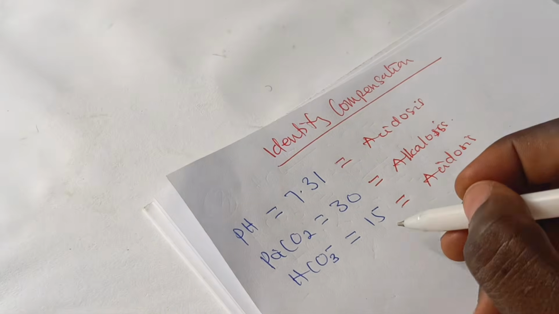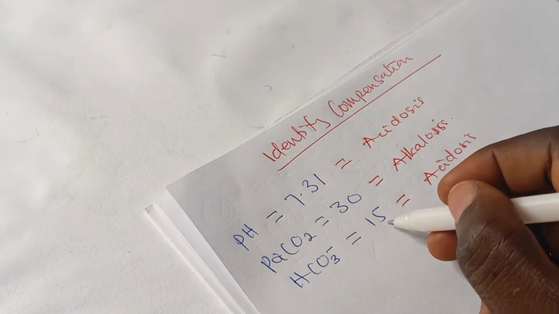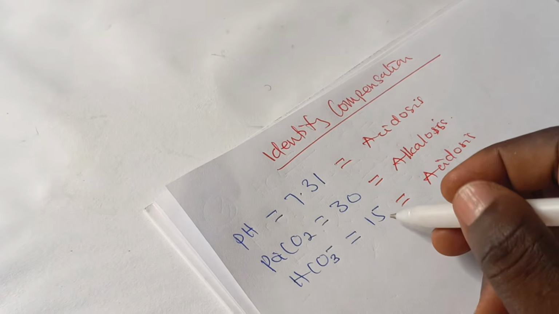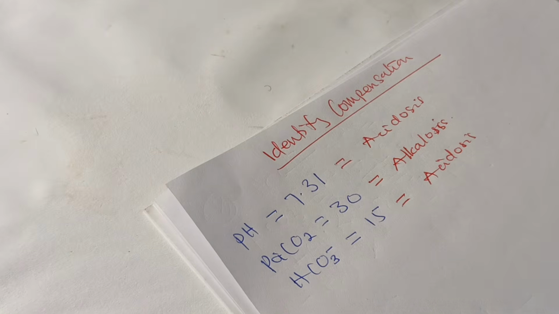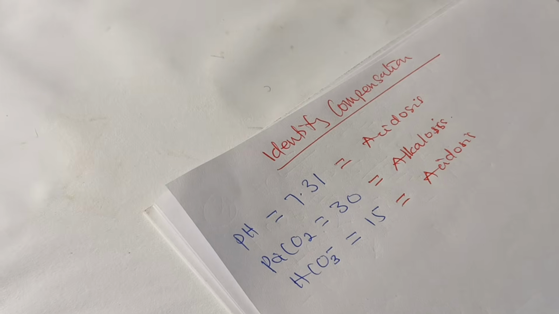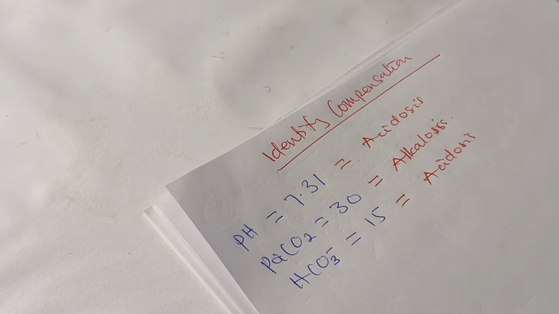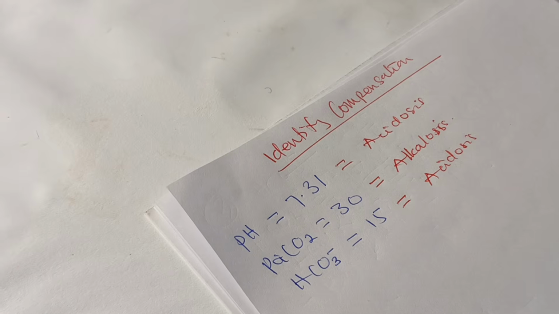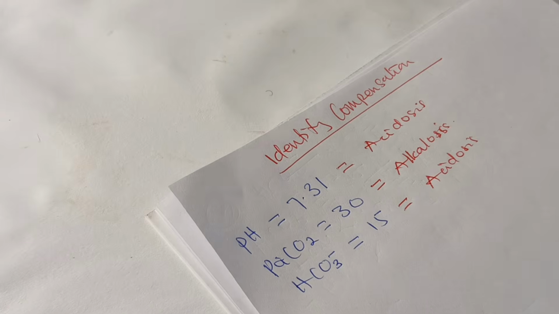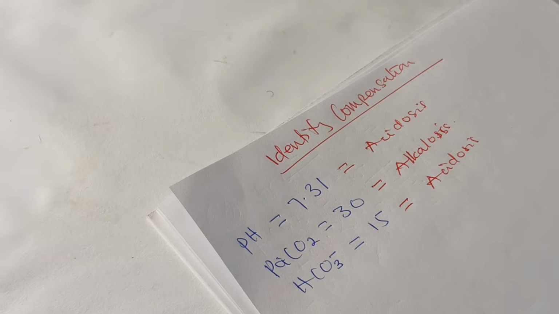The patient is originally having, what's the name? Metabolic acidosis. Okay, so there is too much acid in the body. Now the respiratory system is trying to solve it by removing its acid from the body, and its acid is what? CO2.